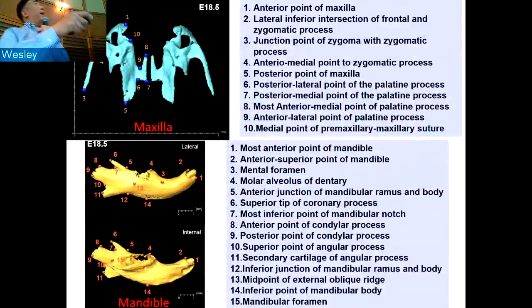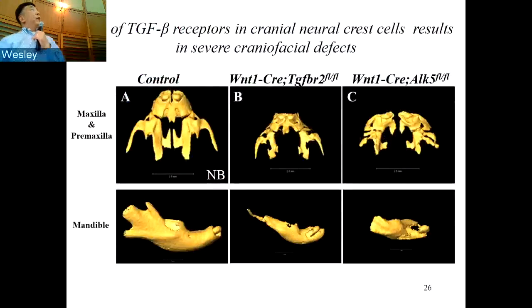We have added anatomical landmarks to define these different parts, the distal region and the proximal region. This gives us the opportunity to analyze these structures in more detail. So here, giving you an example, in control, you can see the mandible, maxilla, and premaxilla.